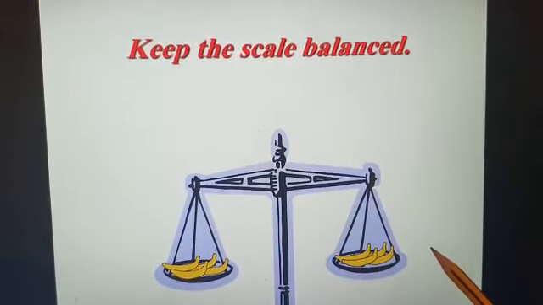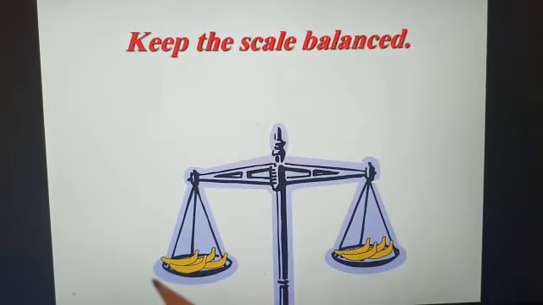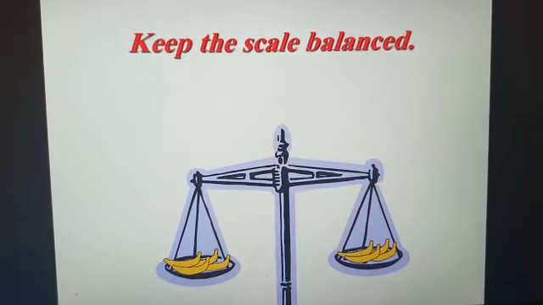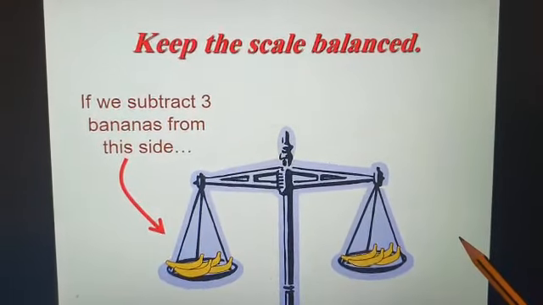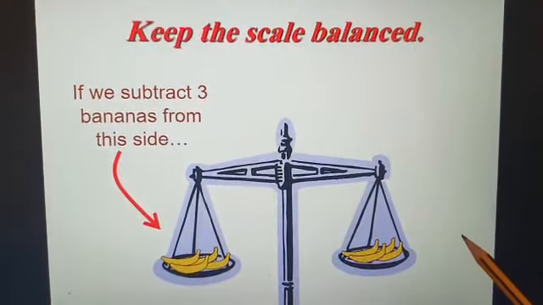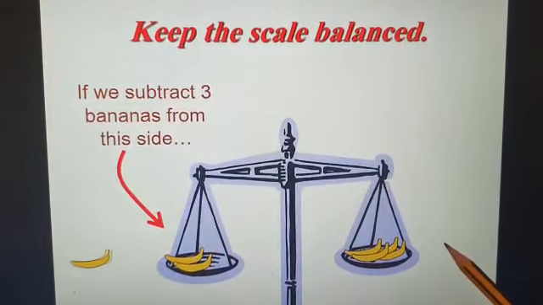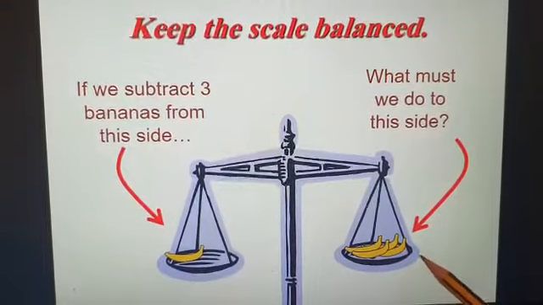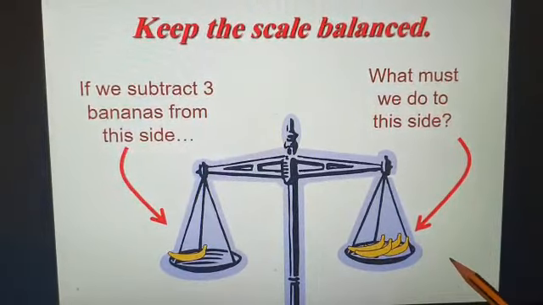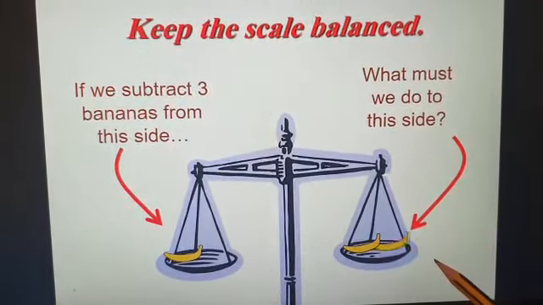Or if we subtract any amount from the left hand side, for example, if we subtract 3 bananas from the left hand side, we have to subtract the same amount from the right hand side. So I have to subtract 3 bananas from here to keep the scale balanced.